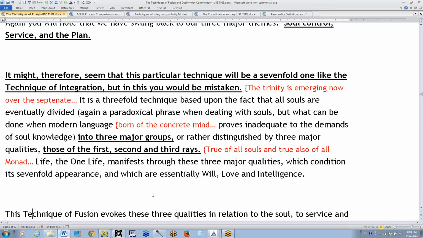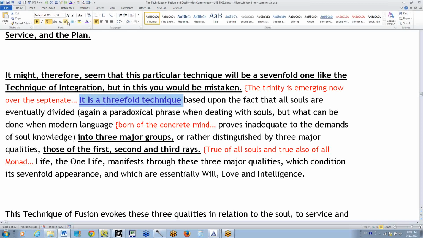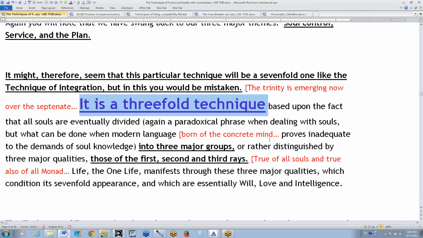So will, love, and intelligence, it's a threefold technique. It is a threefold technique. And I'm just going to make that quite big because it's so important to remember. Threefold technique.